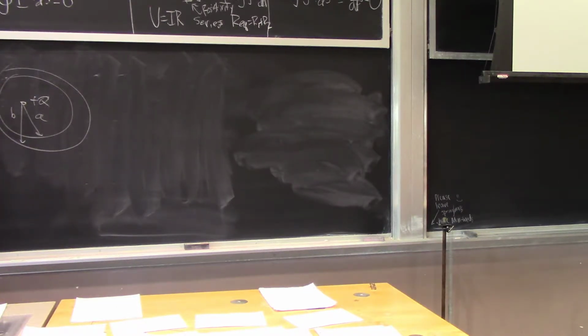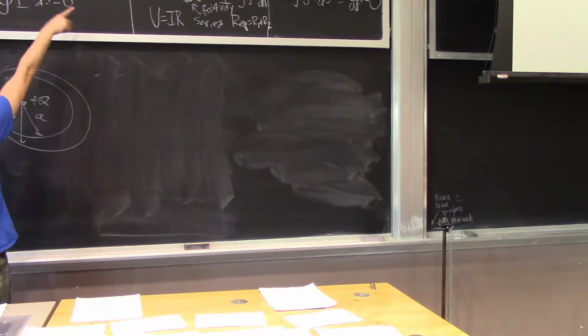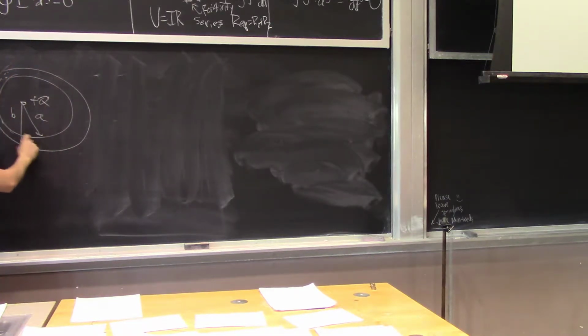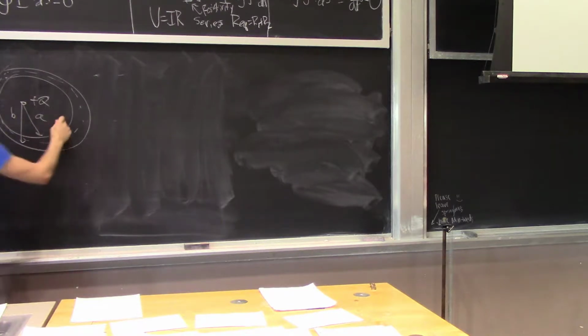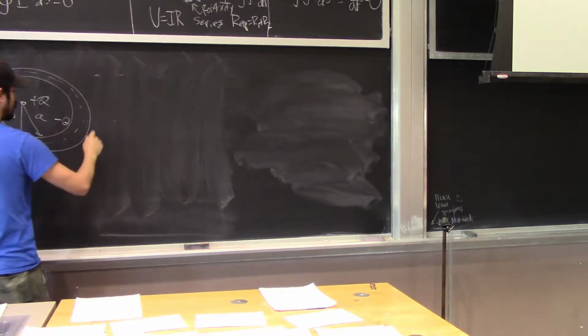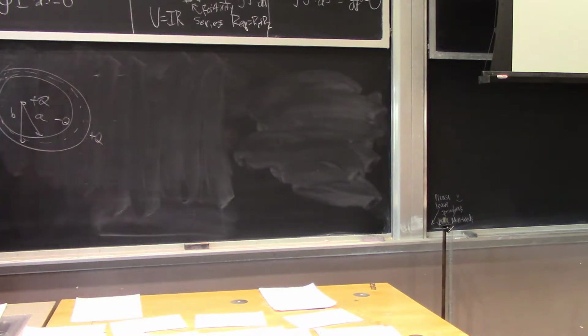Because Gauss's law is going to tell me that the electric field on the inside of here is going to be equal to 0. That means that at the inner surface at a radius A, there's some charge minus Q, and at the outer surface there's going to be some charge plus Q, because I'm saying that this is initially uncharged. Okay. Now, to answer your question about when we can talk about charge densities for conductors, this is sigma.